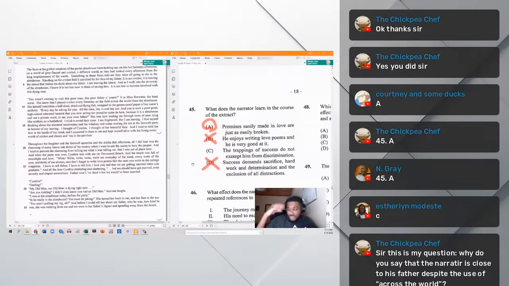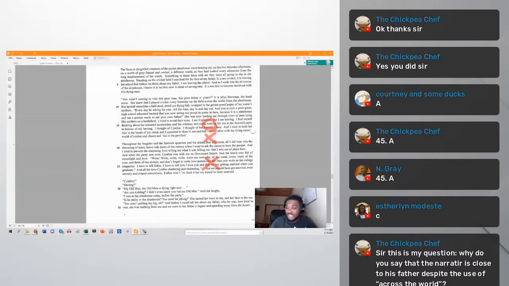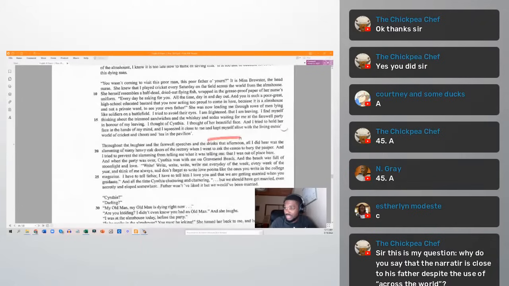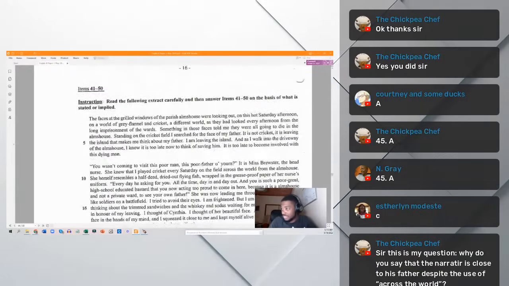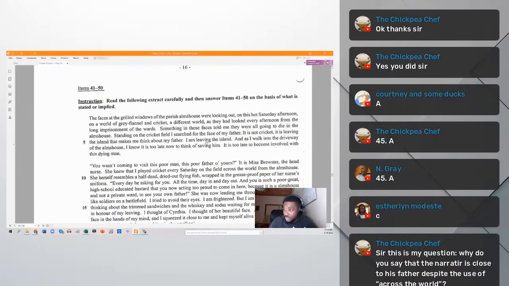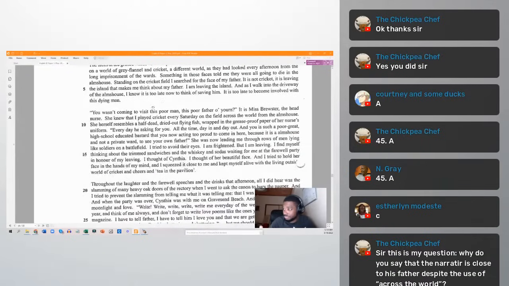I think throughout the passage, we are not really seeing much discrimination. Let's look briefly at each paragraph. So here we see that he's a cricketer. His father is in prison. No discrimination here.